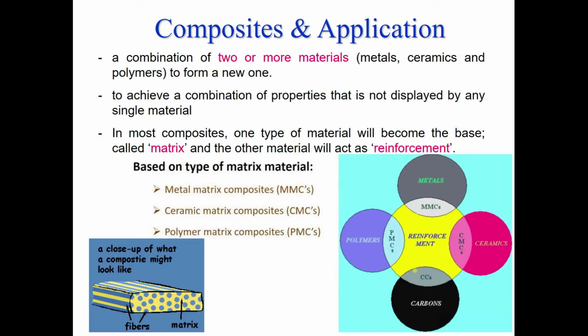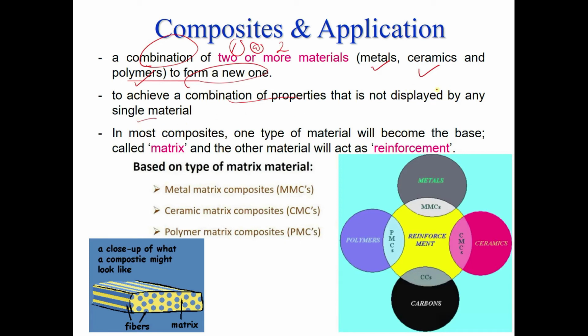Now we move to composite. Previously, we have metal, polymer as well as ceramic. Composite material is a combination. When you combine two or more materials, which are metal, ceramic or polymer, to form a new material, this is to achieve a combination of properties that is not displayed by any single material.